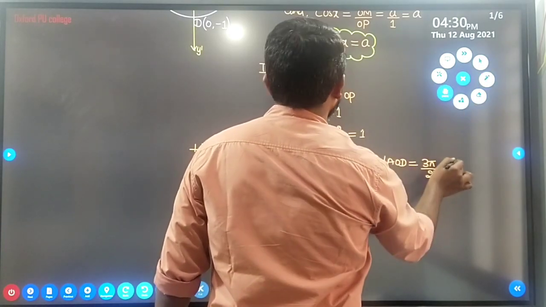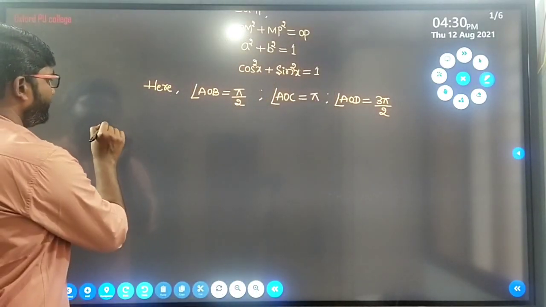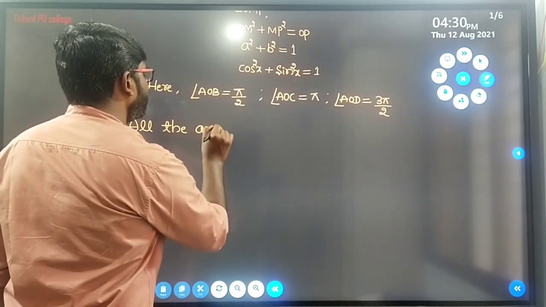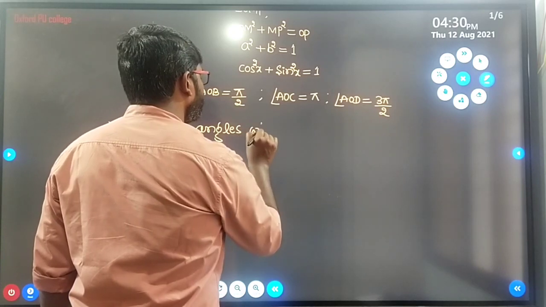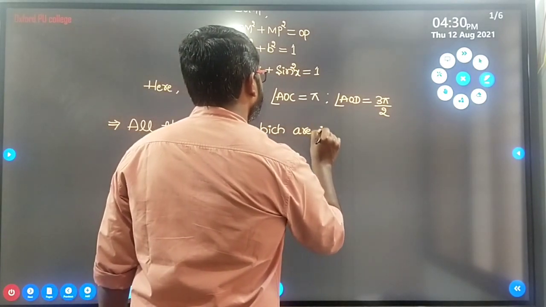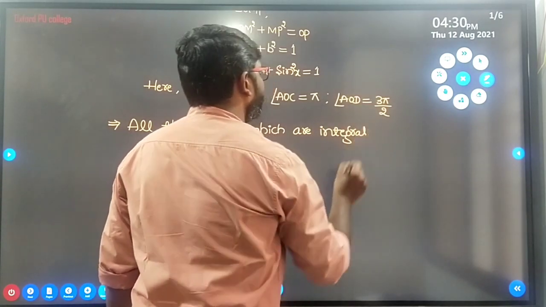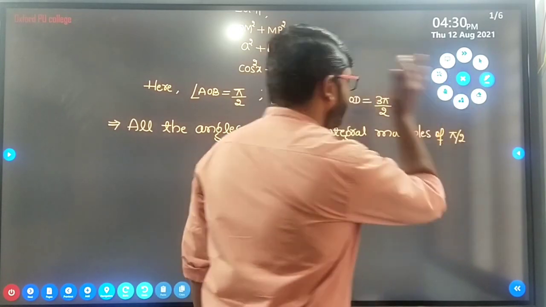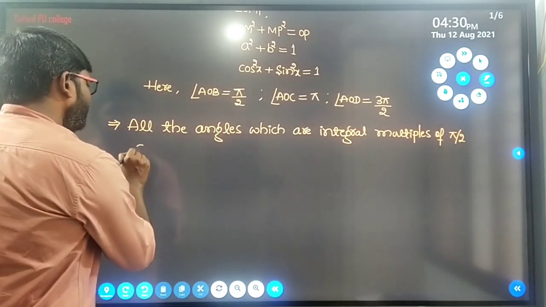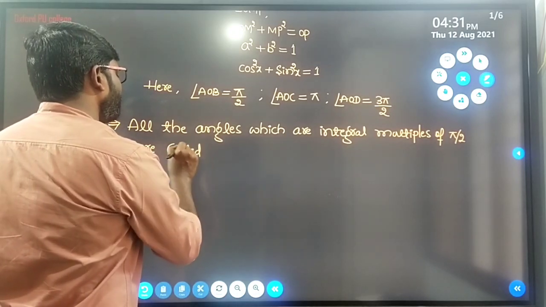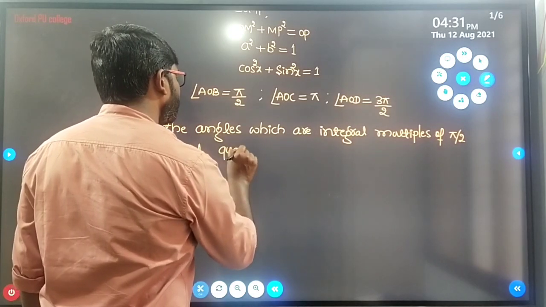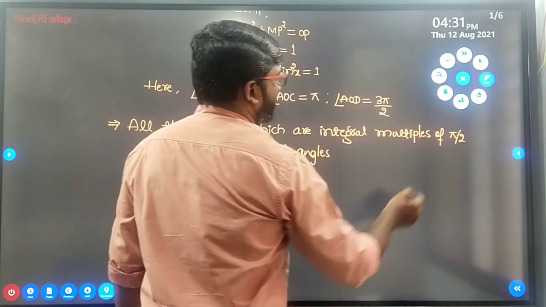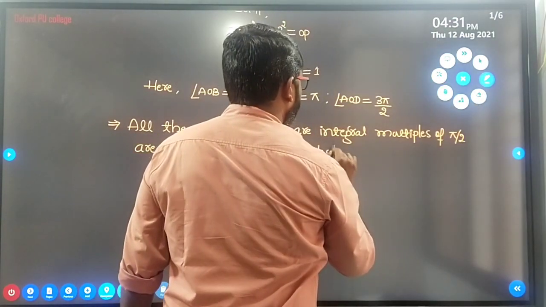All the angles which are integral multiples of pi by 2 are called quadrantal angles. So now we will have to find the values of those quadrantal angles.